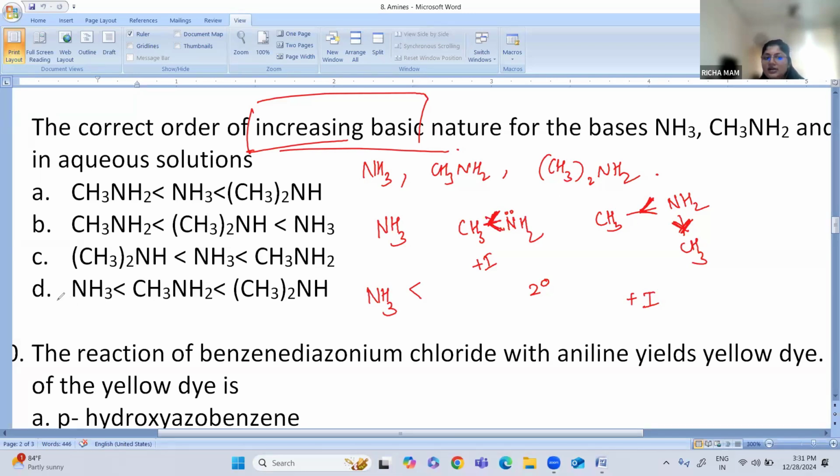So option number D. Because of the presence of the electron donating group, the plus I effect is more, so the basic nature will be more. They have asked the increasing order, so this will be less, then primary and then secondary. Fine.